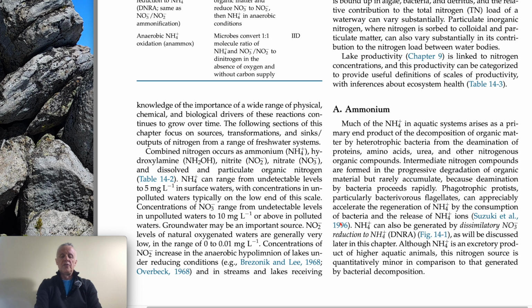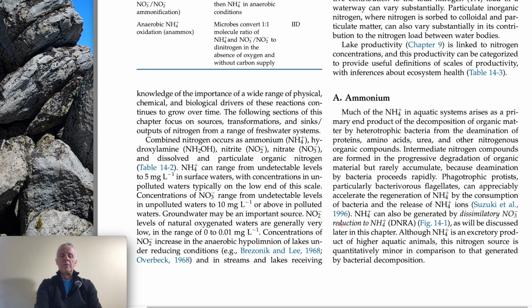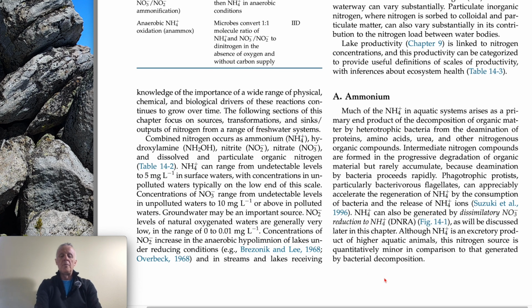Phagotrophic protists, particularly bacterivorous flagellates, can appreciably accelerate the regeneration of ammonium by the consumption of bacteria and the release of ammonium ions. Ammonium can also be generated by dissimilatory nitrate reduction to ammonium, as will be discussed later in this chapter.